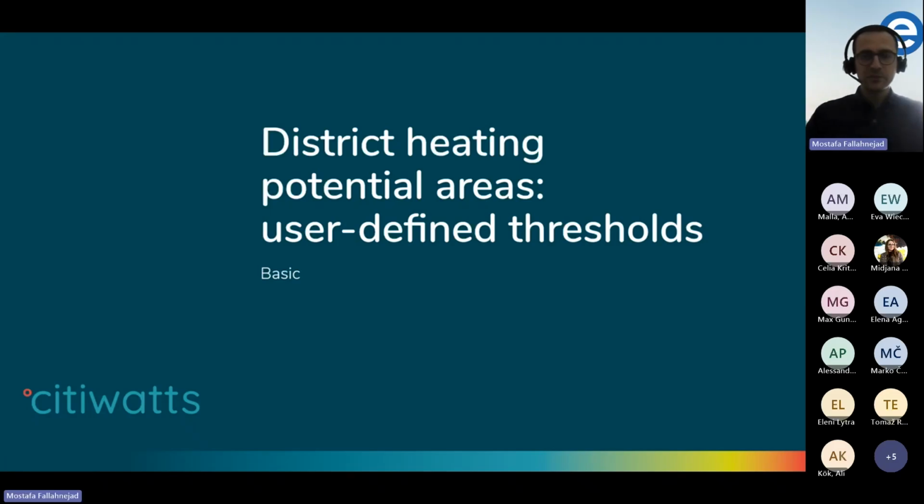Good. Now I'm going to introduce you to 3 calculation modules, one after the other, starting with a very basic one, which is district heating potential areas user-defined thresholds. That's the name on the platform.